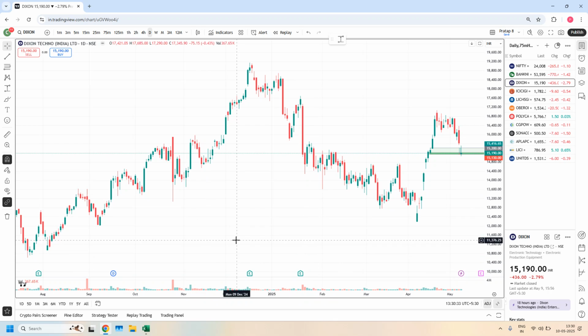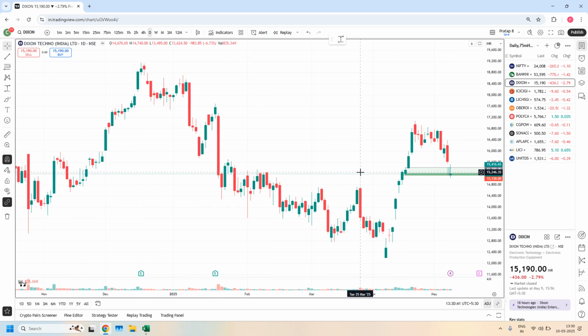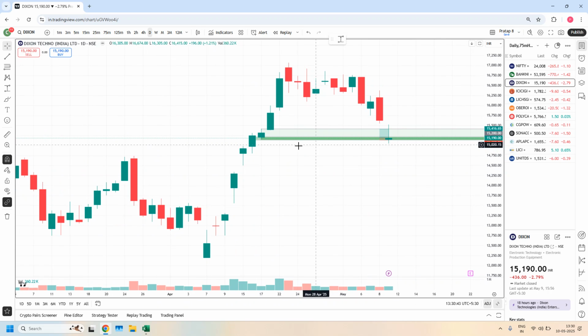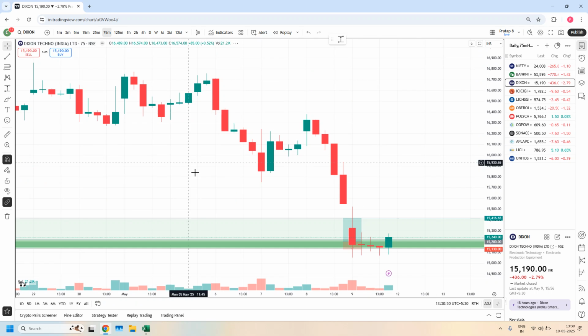Look into the second stock. Dixon gave you a trade, after that the zone is violated. But before that, this is a daily zone. How did our software identify it? As a rally base rally, and this is fine-tuned with the 75 minutes time frame.